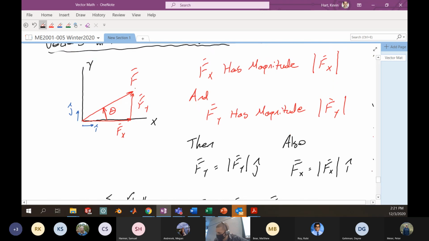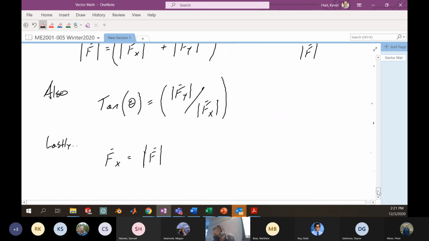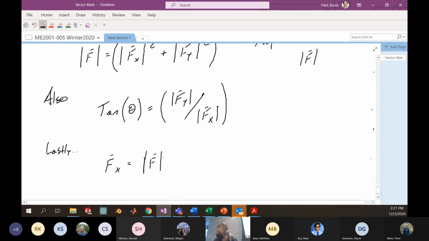If we wanted to resolve the hypotenuse of this triangle into the x direction to get fx, all we would do is multiply the magnitude of this hypotenuse, the magnitude of f, by cosine of theta, and that would give you the vector in the x direction. Okay, so the vector fx is the magnitude of f cosine theta, specifically in the i direction. Okay.